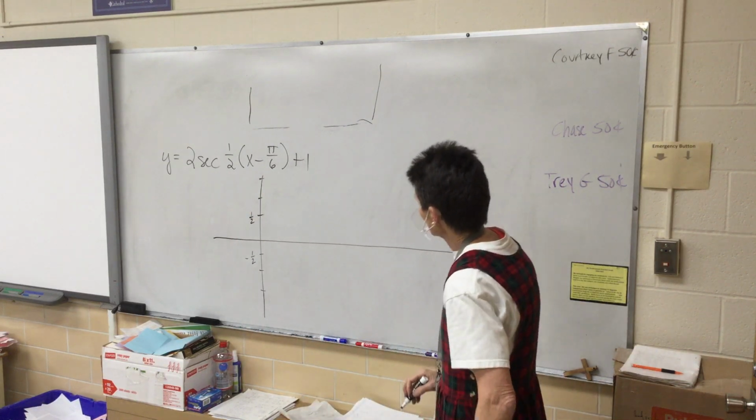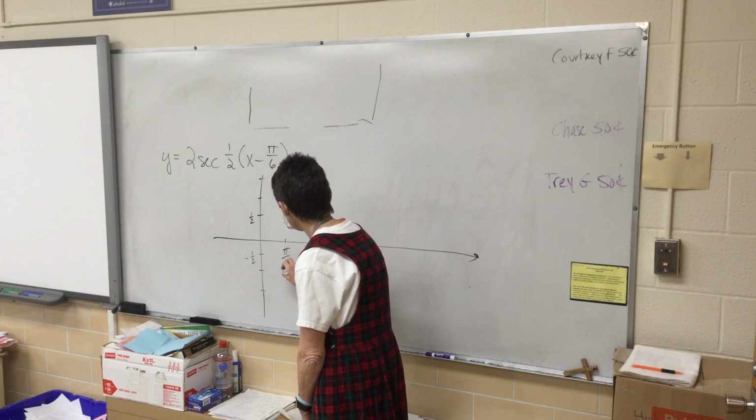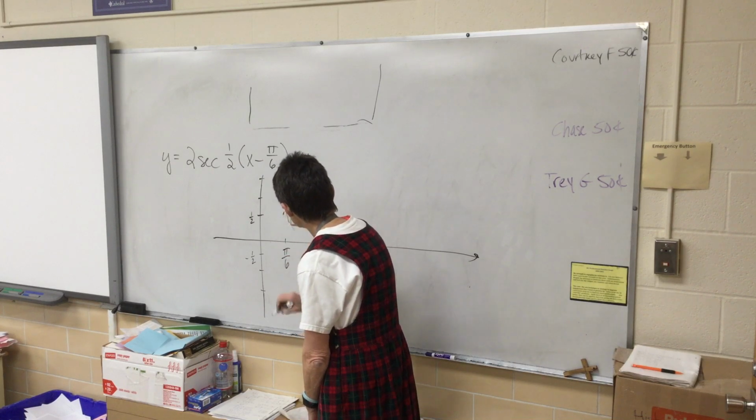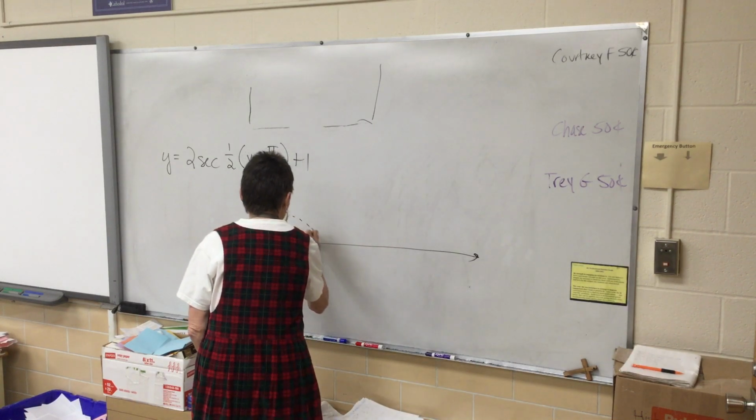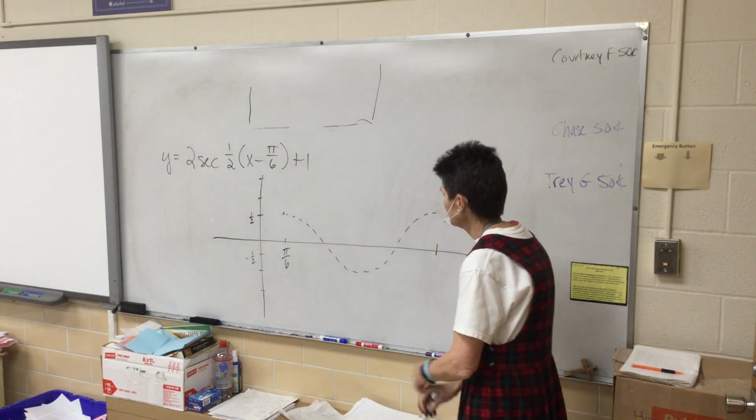So there's my nice little cosine setup. I'm going to start at pi/6. The cosine's going to look like this. That's what a cosine looks like.